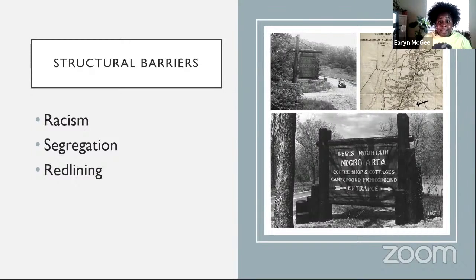So that's redlining. And if you look on the right here, we have a couple of pictures, some of them from national parks. And really this is just showing that there were certain areas designated for Black people to go so they could recreate in national parks. And if these areas didn't exist, then Black people were not allowed to recreate in those national park areas.